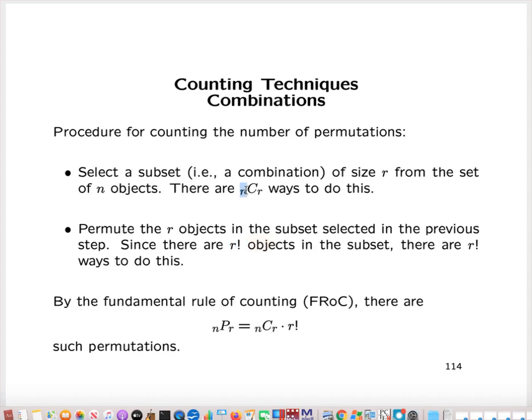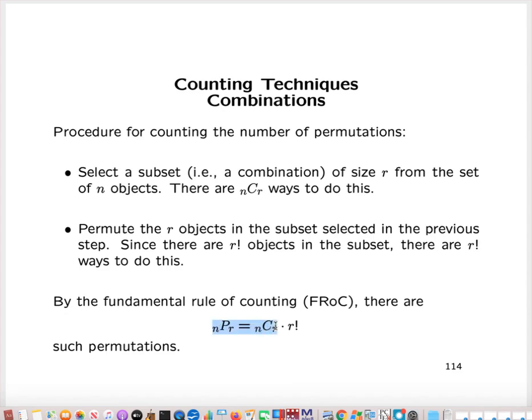There are n choose R ways to do this first step. There are R factorial ways to do the second step. And so then by the fundamental rule of counting, the total number of ways that we can construct a permutation of R objects taken from the set of n objects is n choose R times R factorial. And that gives us this number of permutations that we are, at the present time, trying to determine.